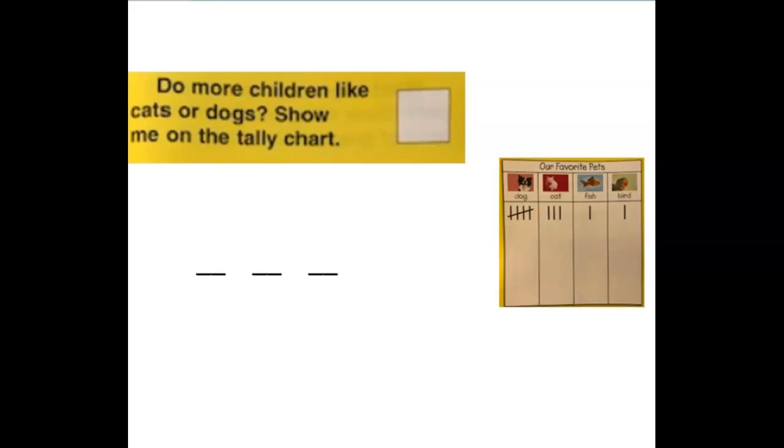So they want to compare the dogs and the cats. So how many people like dogs? 5. And how many people liked the cats? 3. Which one is a bigger number? Yes, the 5 is bigger than the 3.